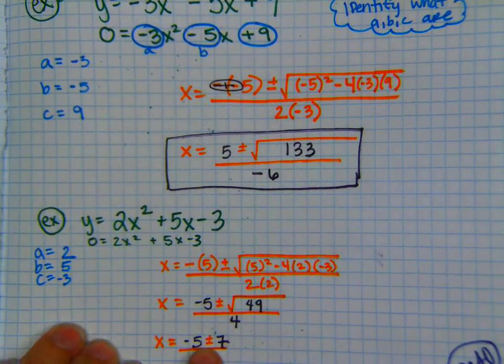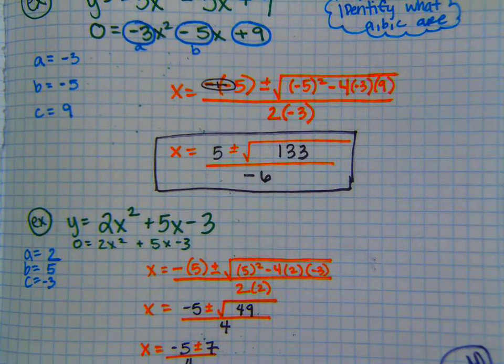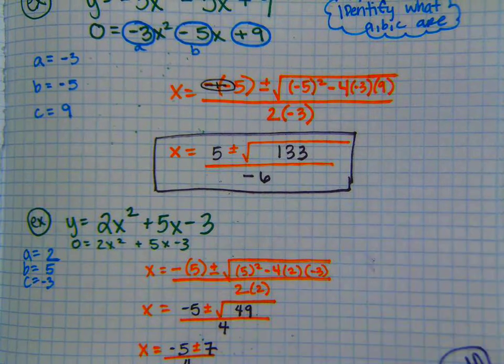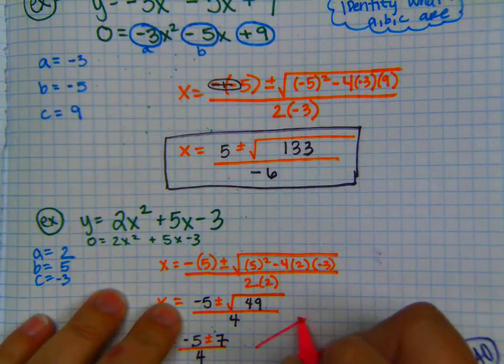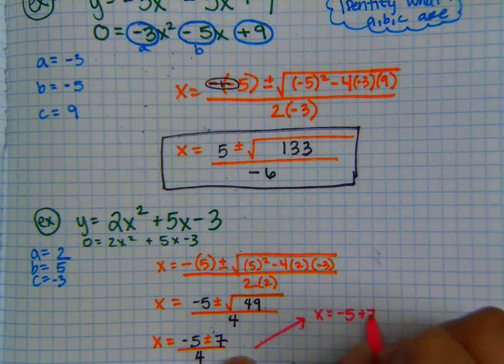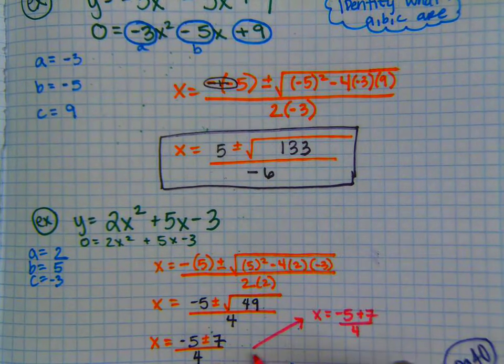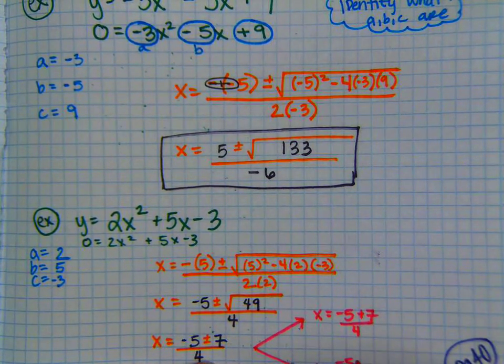Now looking at this plus or minus, just like when we did completing the square, we have two separate problems now. So I'm going to separate my two problems into x equals negative 5 plus 7 over 4 and x equals negative 5 minus 7 over 4.